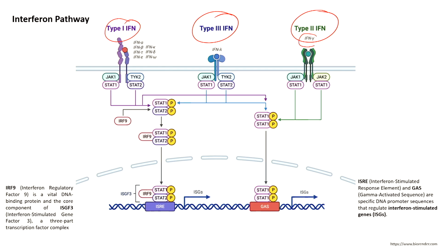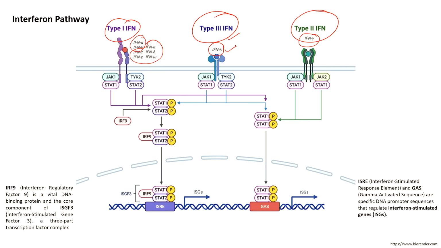Interferon gamma is interferon type 2, while the major interferons are alpha, beta, and gamma. Alpha and beta are type 1 and gamma is type 2, while there are other interferons which also come under the class of type 1. And we also have a separate class of interferon, type 3 interferon, which is interferon lambda.